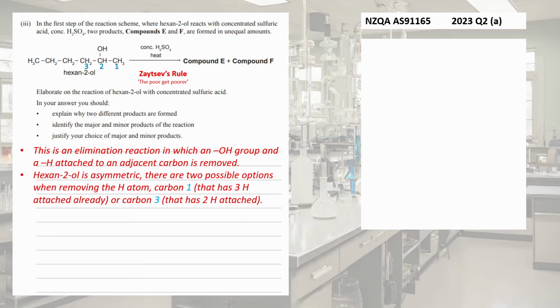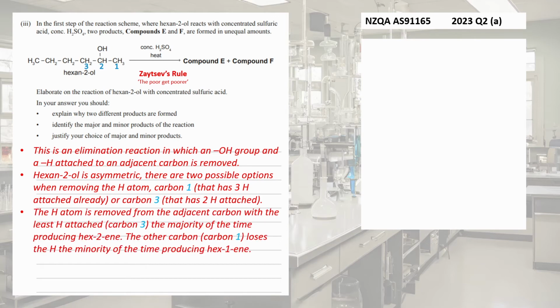This is asymmetric, so we will get a different product depending on which side of this carbon we take it from. There are 2 possible options here. We can either take it from 1, or we can take it from 3.